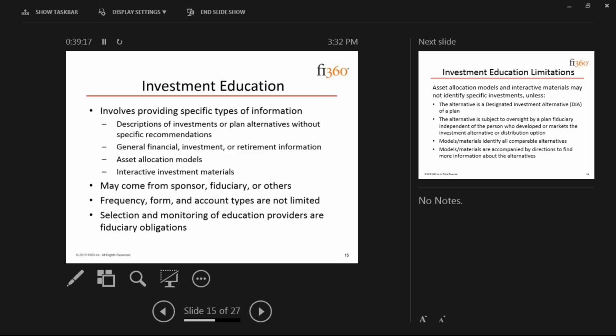Investment education, as it has been in the past, is still considered a non-fiduciary communication. So you're not assuming a fiduciary role if you're just providing general investment education.